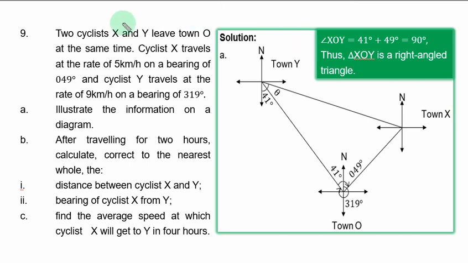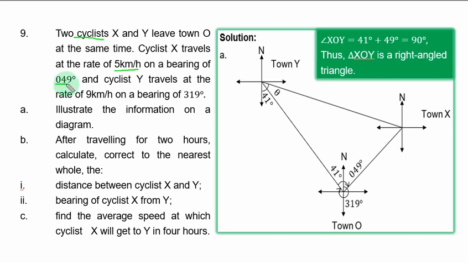Question 9. Two cyclists S and Y leave town O at the same time. Cyclist S travels at the rate of 5 kilometers per hour, that is the speed, on a bearing of 049 degrees.